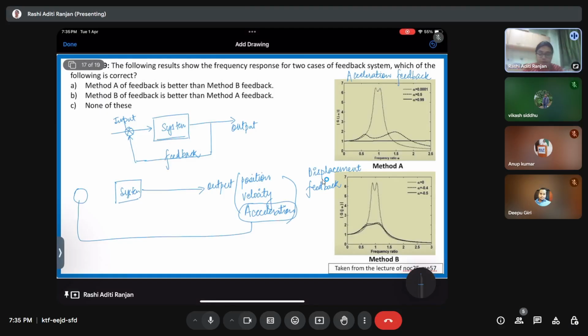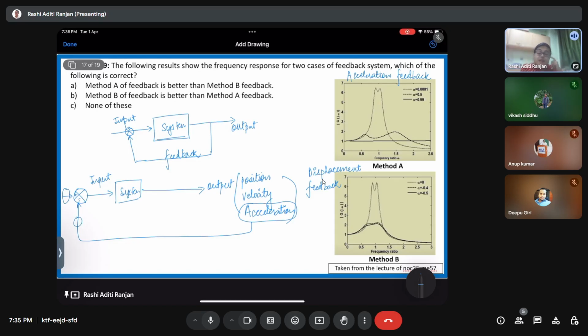Over here, what am I doing? I'm giving it the feedback. And now my input will be decided on the basis of what? On the basis of the difference between what? The desired acceleration and the current acceleration.